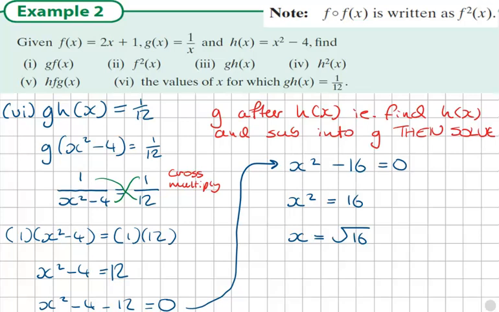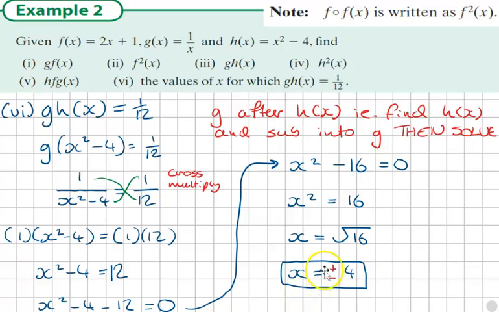So x is equal to the square root of 16 because the inverse of squared is square root. And the square root of 16 is plus or minus 4. So our answer is x is equal to positive 4 or x is equal to minus 4. So we get two solutions.